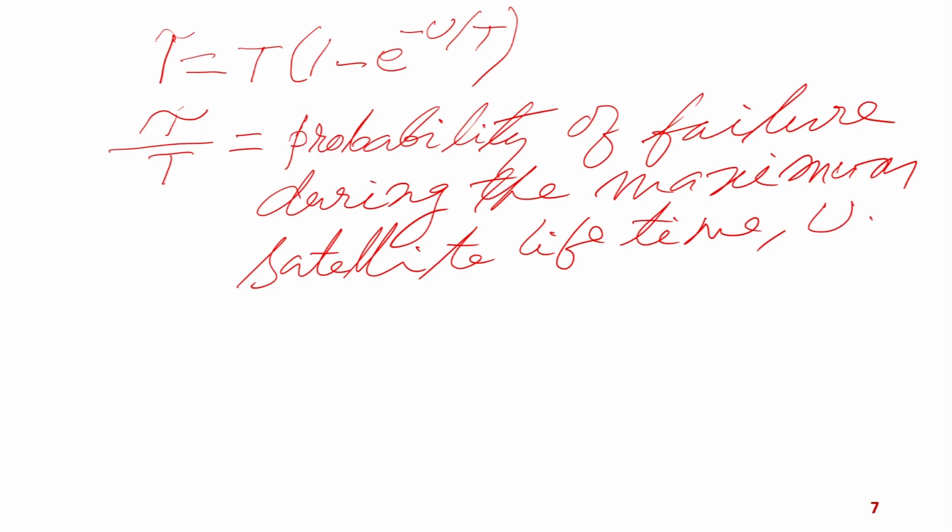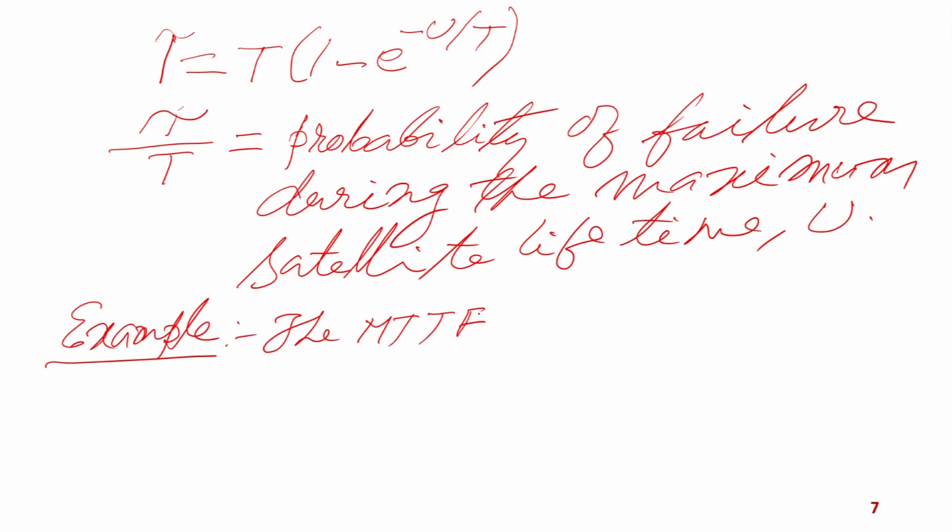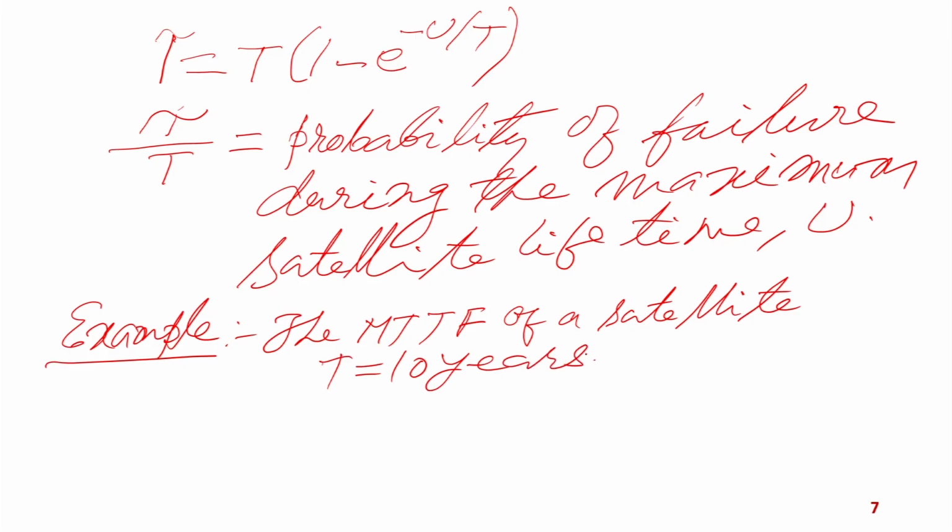U. Now, we will take a small example. So, let us consider the MTTF, that is mean time to failure, of a satellite t is equal to 10 years, and its maximum lifetime, that is u, is equal to 5 years.